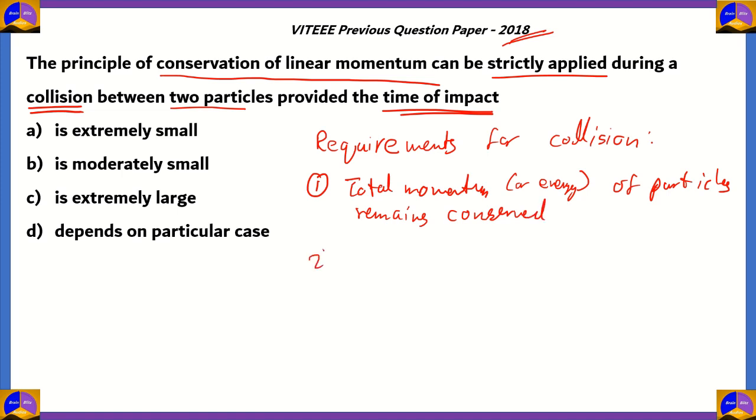That's requirement number one. Requirement number two, the motion of particles, so at least one particle, should change its motion abruptly.